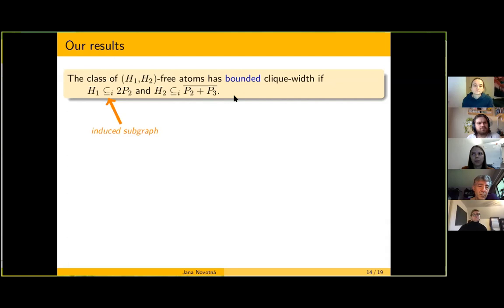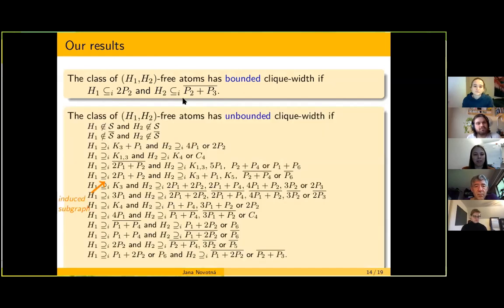I will tell you a bit more about it just a little bit later. And then we also found many unbounded cases. It's not important now to follow which graphs are there. It probably doesn't tell anything.